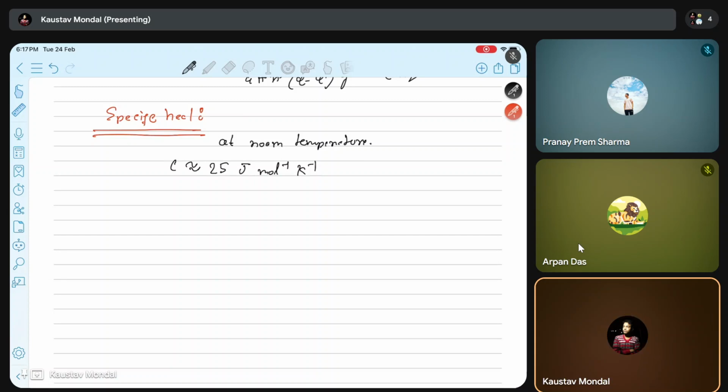So to explain this, the first explanation was shown by Dulong. So that is known as the Dulong-Petit law. He has basically shown that in solids, atoms or molecules have thermal energy, right?